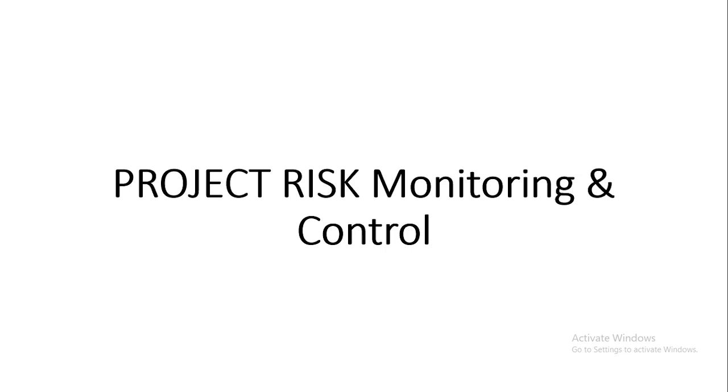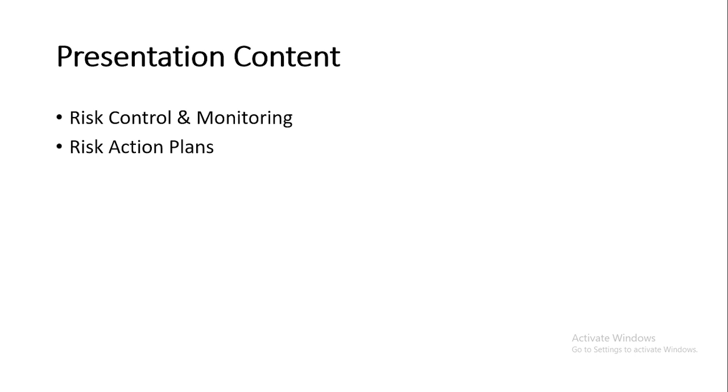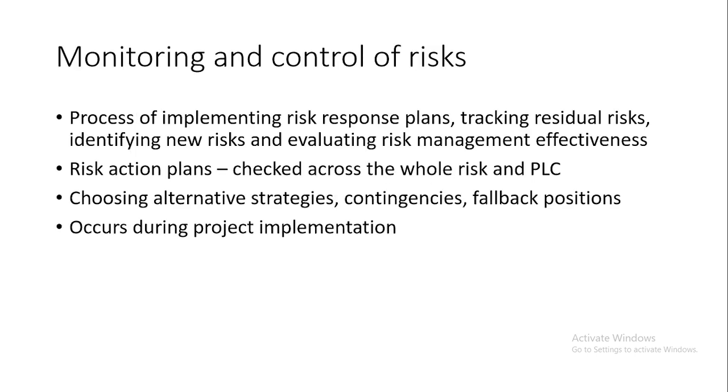So that's why in project environment and project implementation, we look at risk monitoring and control so that we make sure we manage these risks before they affect our project objectives or implementation. So today, we're going to look at what is in risk control and monitoring and the risk action plans.